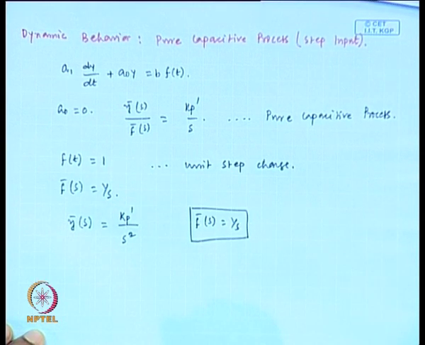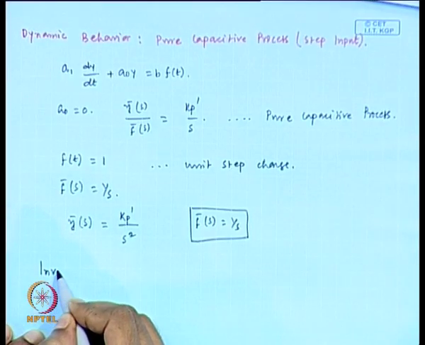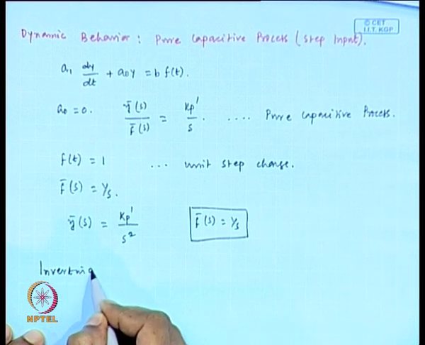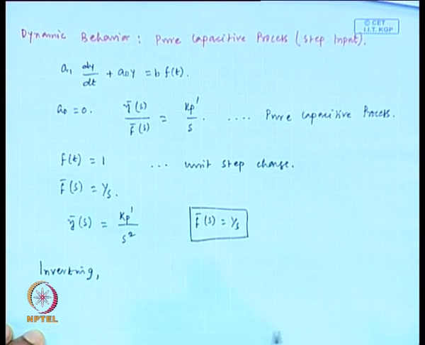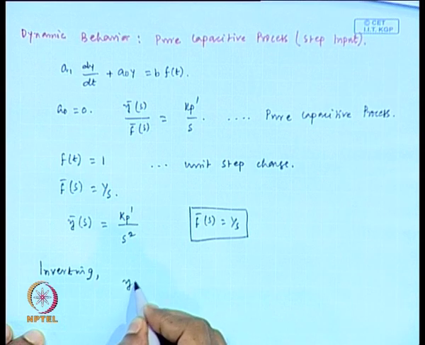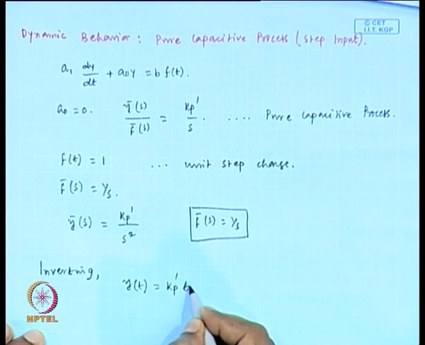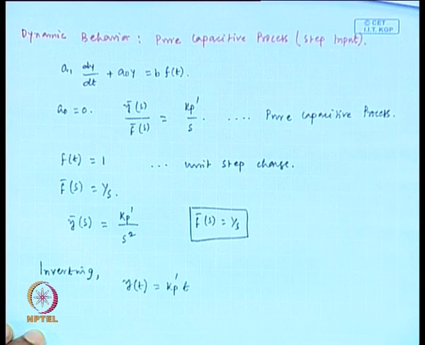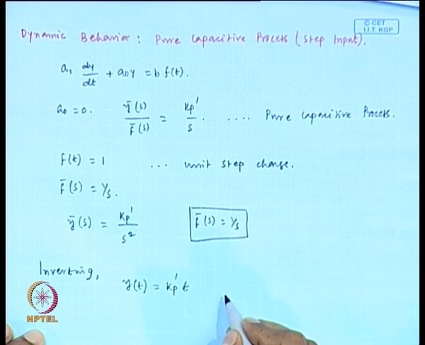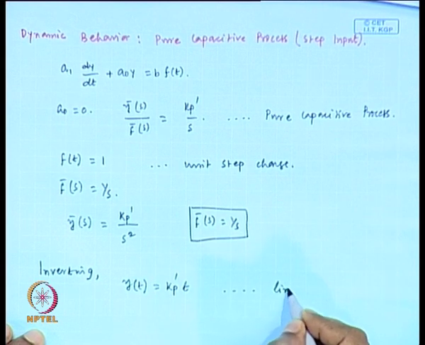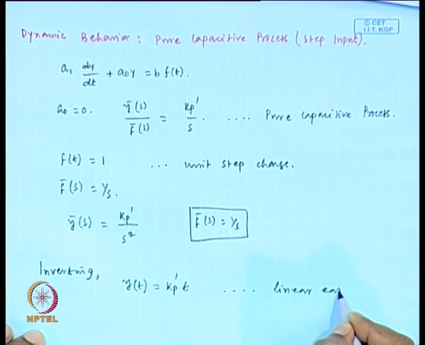Now, we will take the inverse of Laplace transform. Inverting, we get the output in time domain equal to K_p prime t. This is a linear equation, fine, with slope K_p prime.